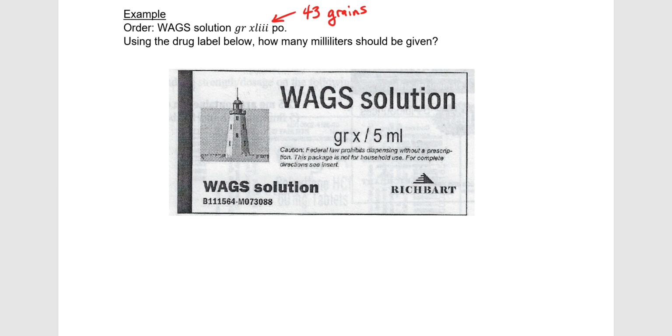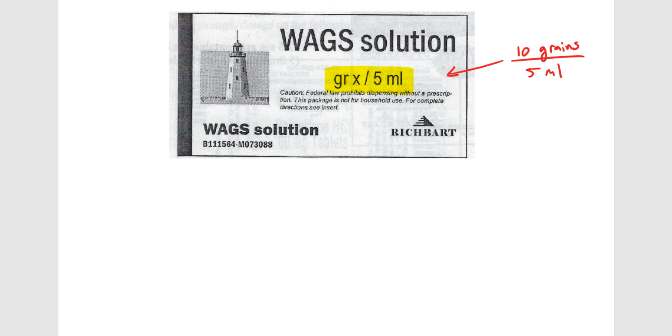Okay, so finding the strength per dosage on the label, that is right there. And that's going to be 10 grains, so Roman numerals 10 grains for every 5 milliliters. And let's set up this proportion with what the order was.